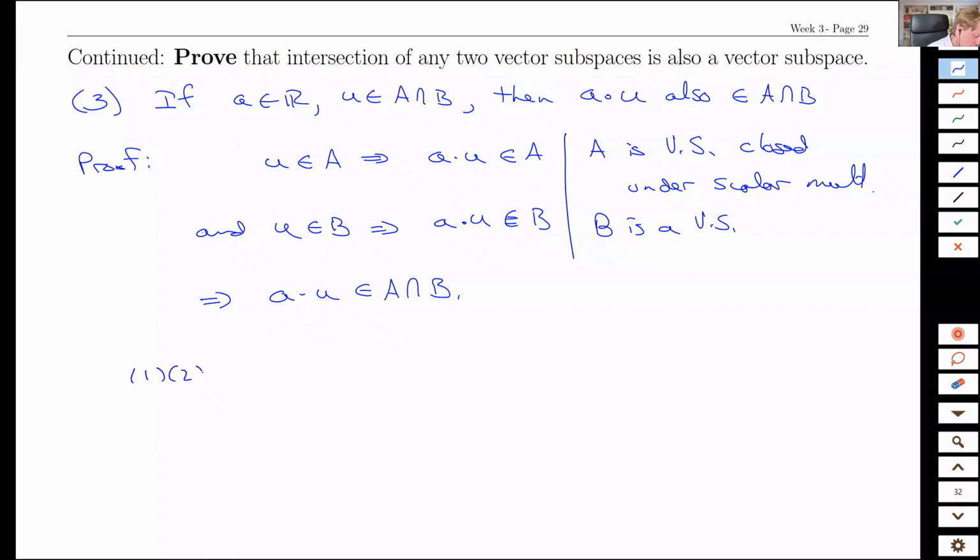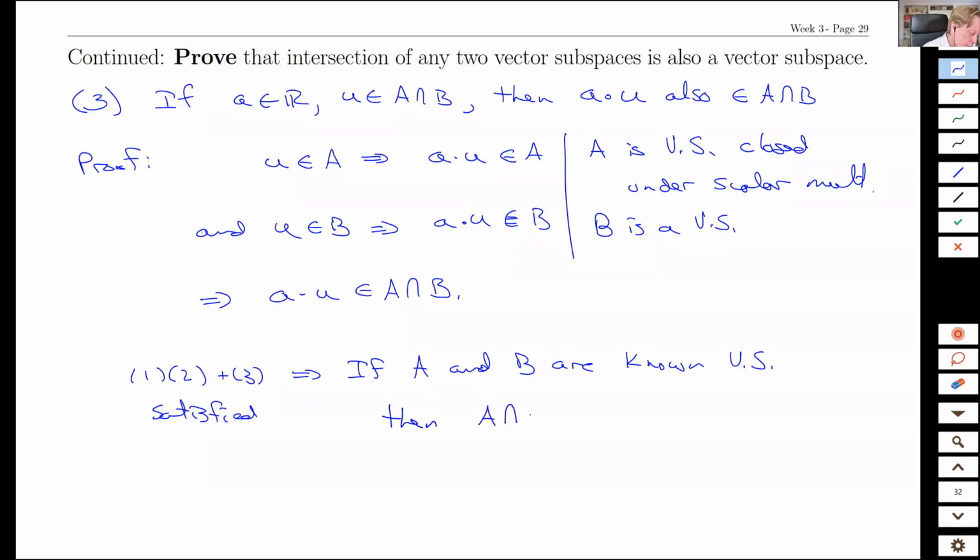So 1, 2, and 3 satisfied implies, so I'll put it here officially, if A and B are known vector subspaces, then A intersect B will also be a vector subspace.